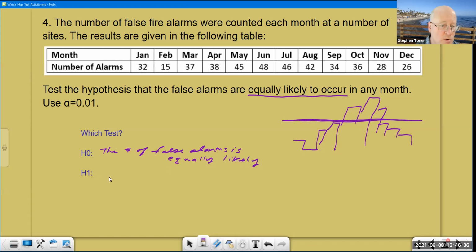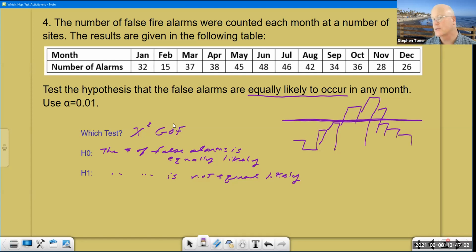And then the alternate would be that it is not equally likely. And we're trying to show that there is a preponderance of more values in some months compared with the others. So this is going to be the chi-square goodness of fit test.